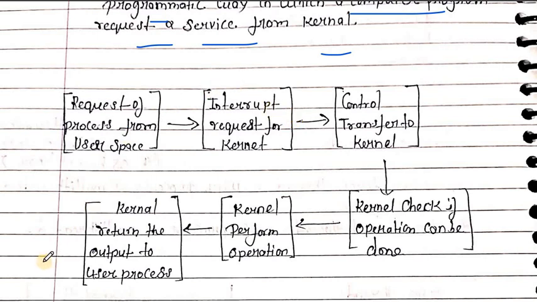We are in user mode, and when we create a request, the OS changes the mode from user mode to kernel mode and executes the function code. Then it converts the mode from kernel mode back to user mode.